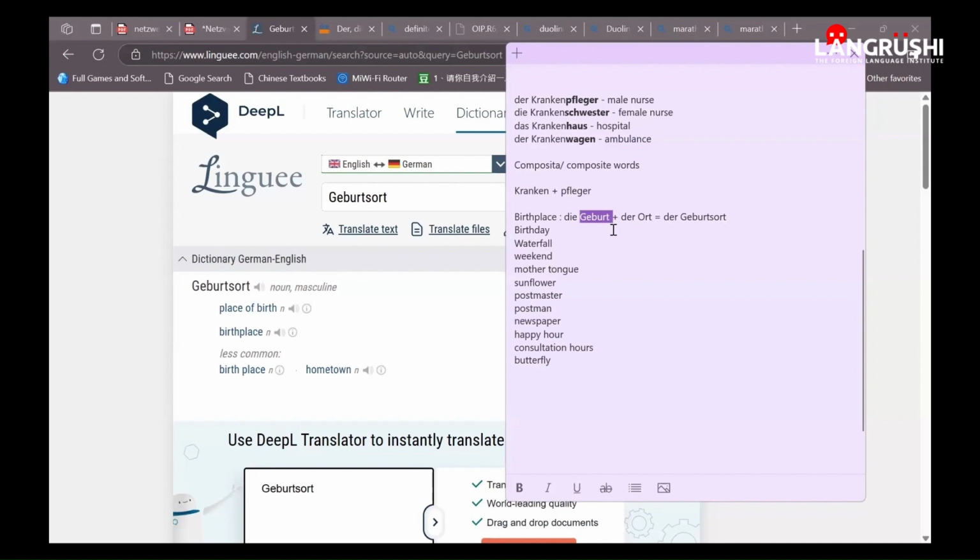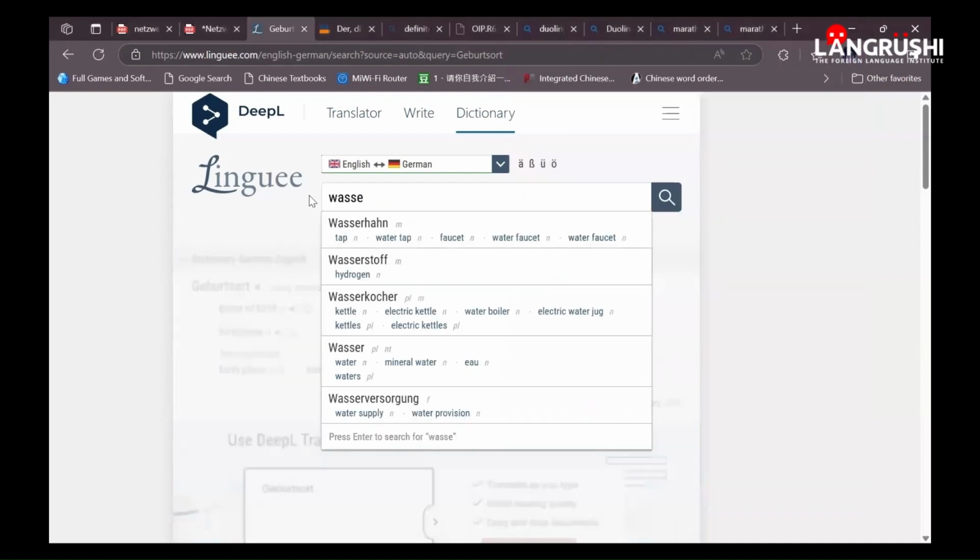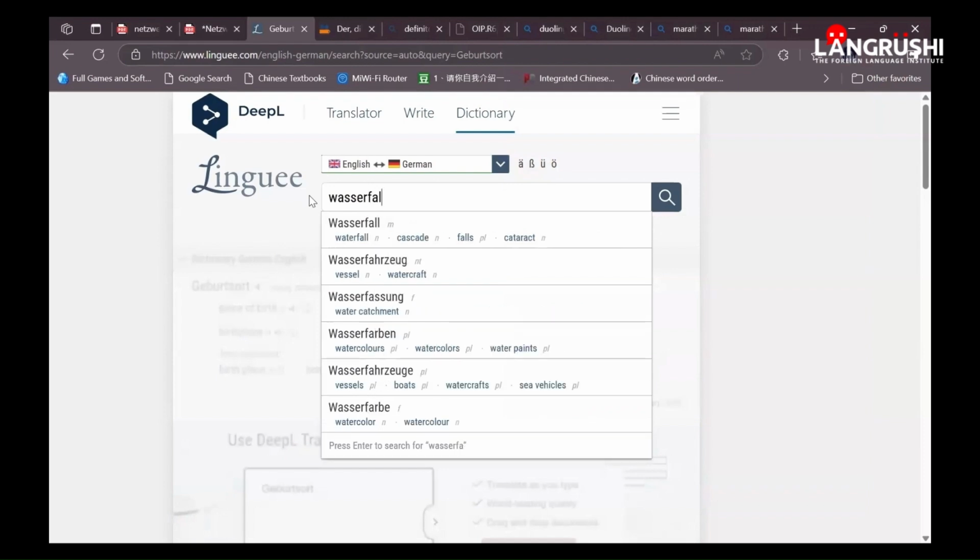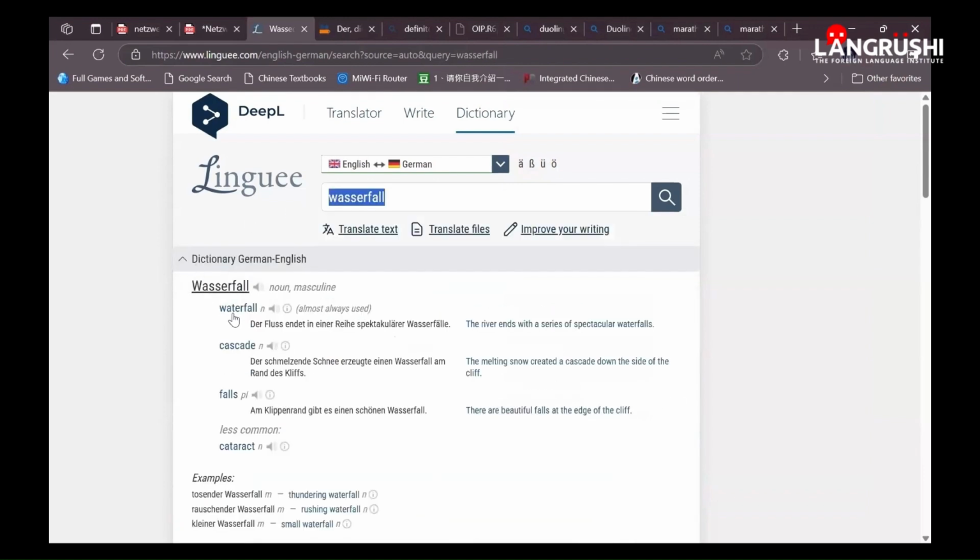Now you already know the gender of the word Tag. It's der Tag. So what will be birthday? Der Geburtstag. Correct. Wasserfall: der Wasserfall.